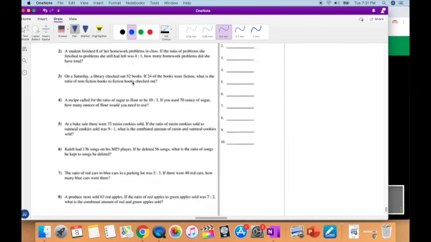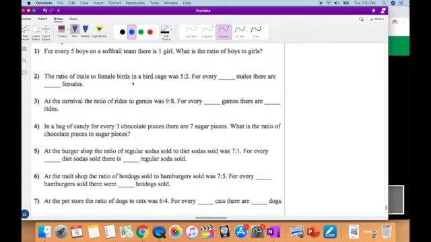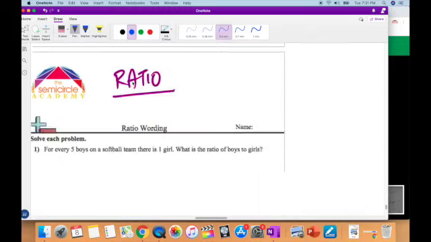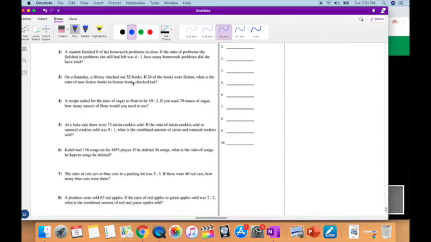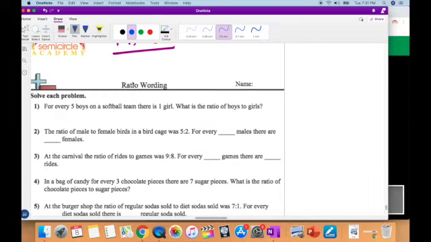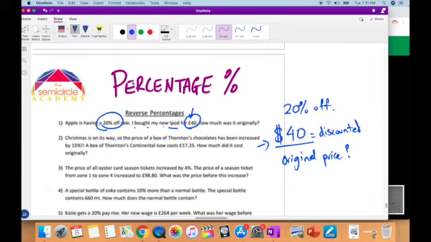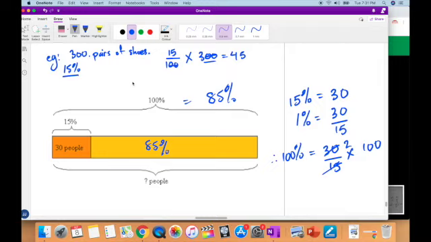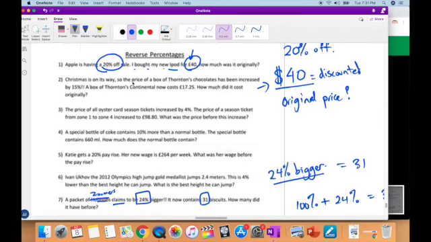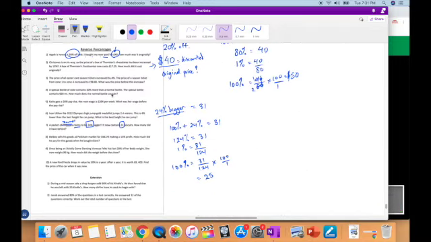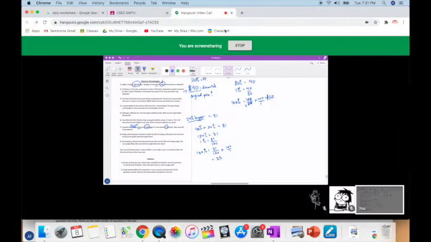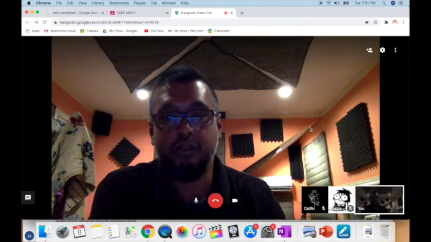What I need you guys to do is revise your ratios, with these two ratios sheets and then the percentages sheet. I'm not particularly pleased with your knowledge of fractions.